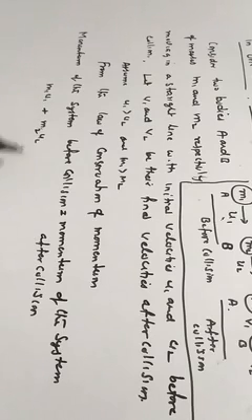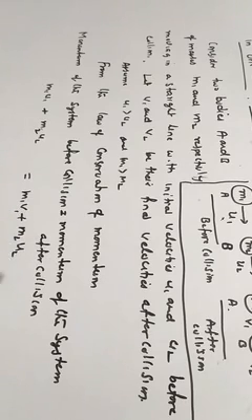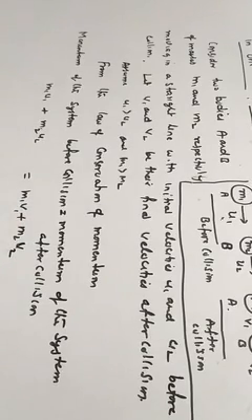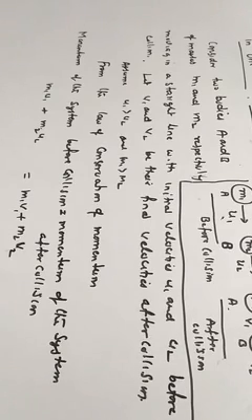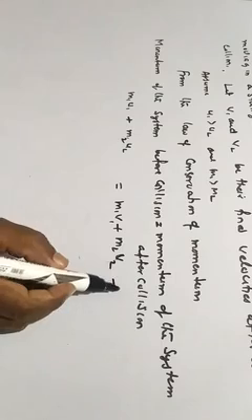This is the sum. Next, after collision, m1 v1 and m2 v2. So this is the momentum of the system before collision and the momentum of the system after collision. Okay, so this is equation number 1.